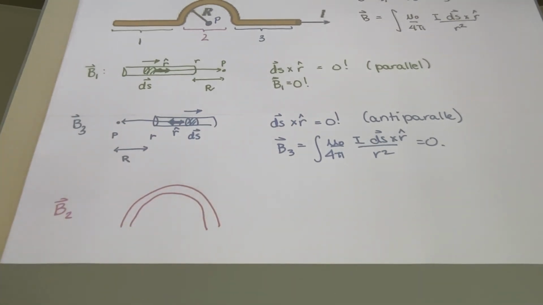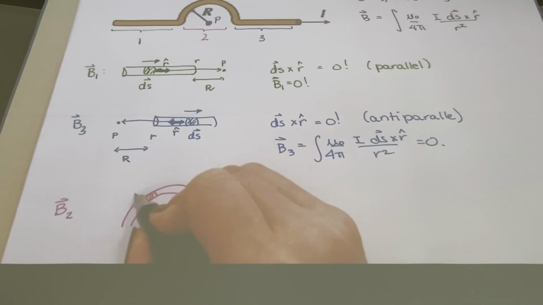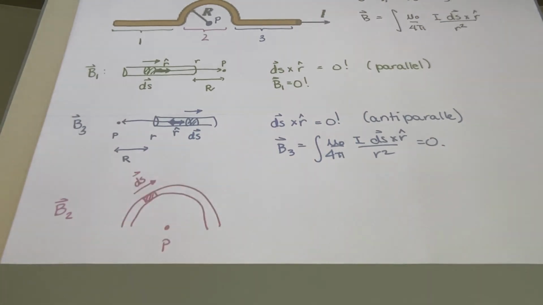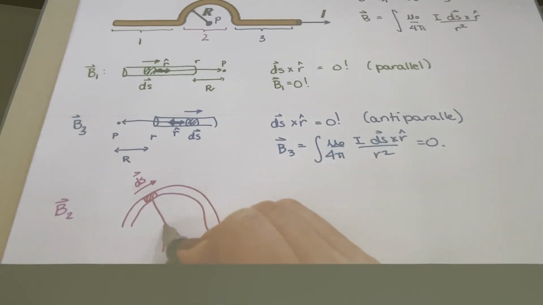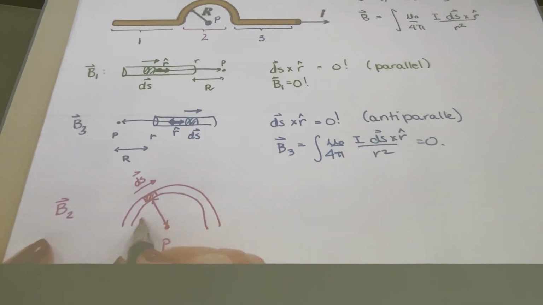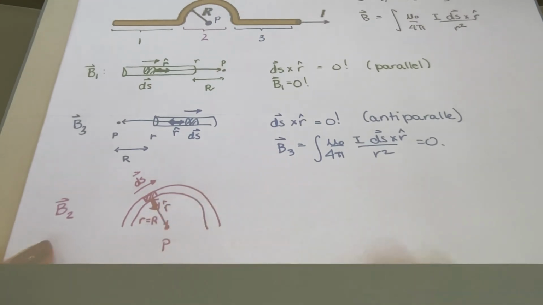We're trying to find our magnetic field right here at point P. Have to identify a little bit of the wire ds going in the direction of current, so there's our ds. Our r is from our ds to our point, so there is r, that's equal to the radius of the circle. So r equals r. And r hat is from my ds to my point P.